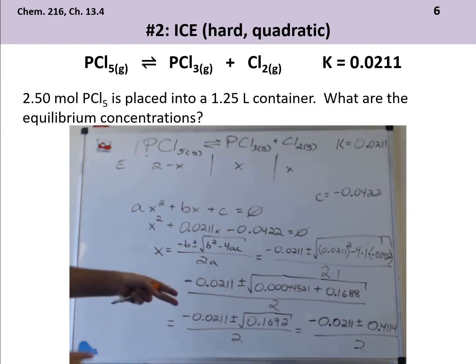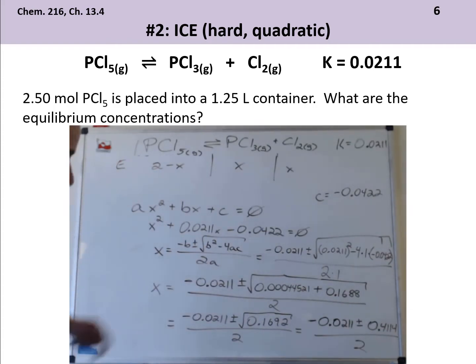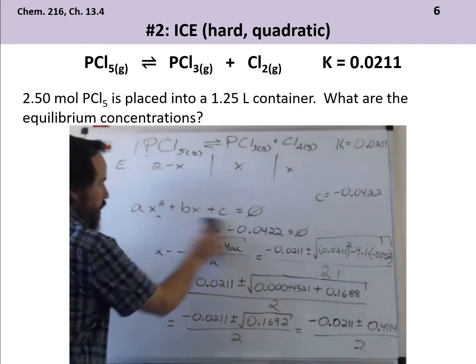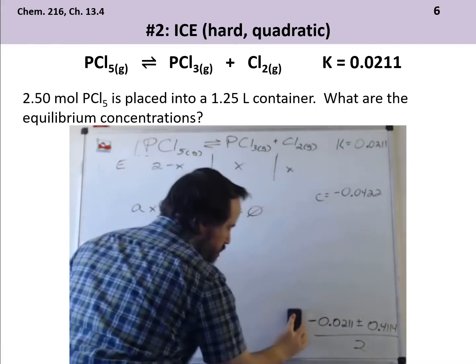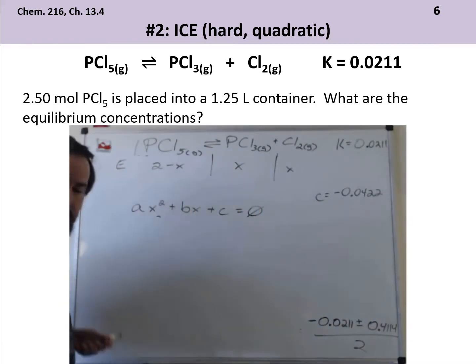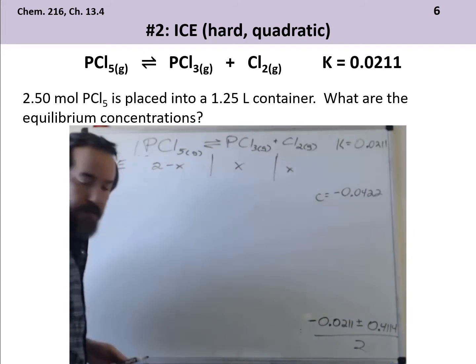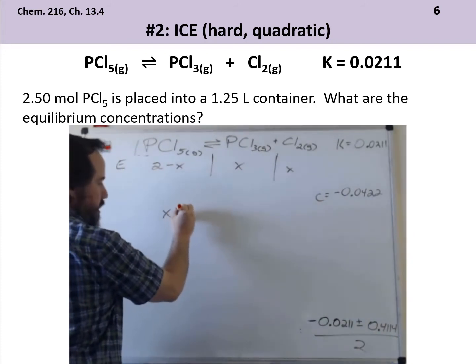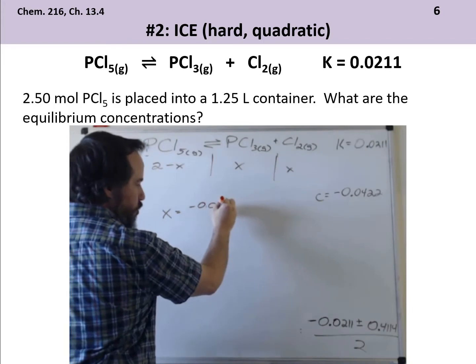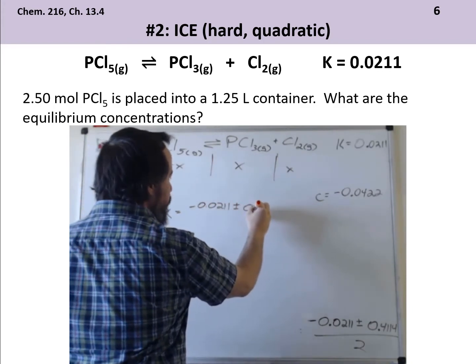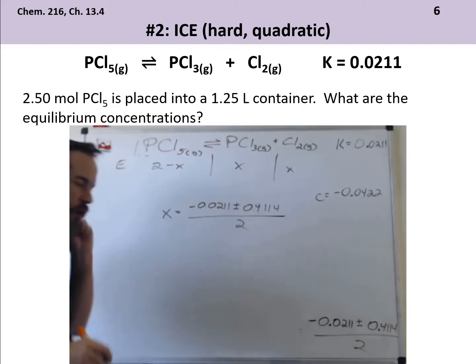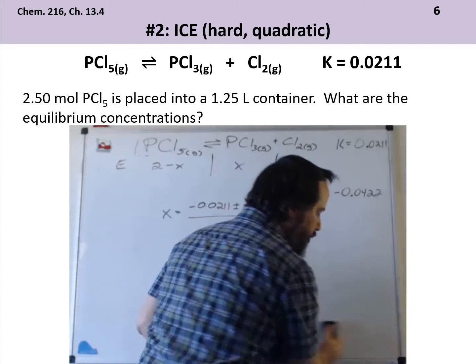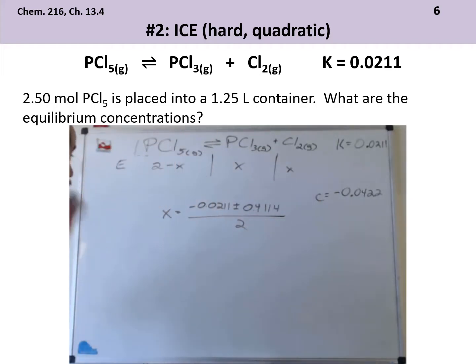Okay, so now let's go ahead and solve. We're almost there. So we have x equals negative 0.0211 plus or minus 0.4114 over 2. So what do I do now? I basically do both possibilities, right? One where Thanos snaps, one where he doesn't.